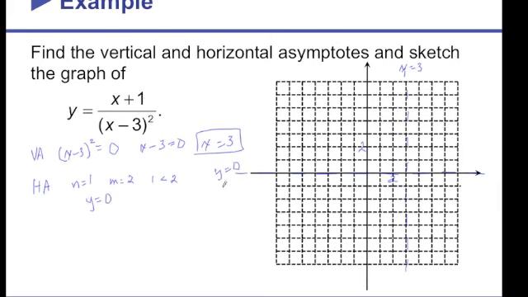Now, of course, you may graph this on your graphing calculator. The graph would end up similar to this: as x goes to infinity, y goes to 0, and near the vertical asymptote it comes closer but never touches.